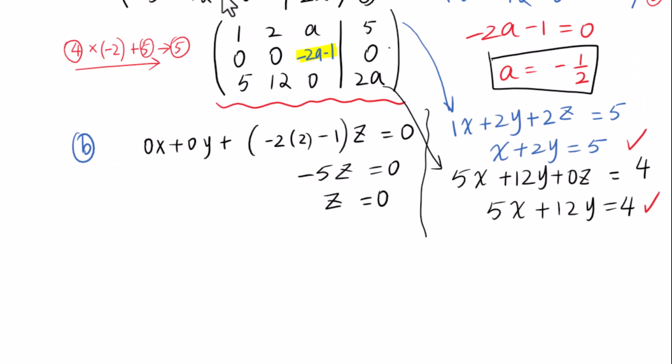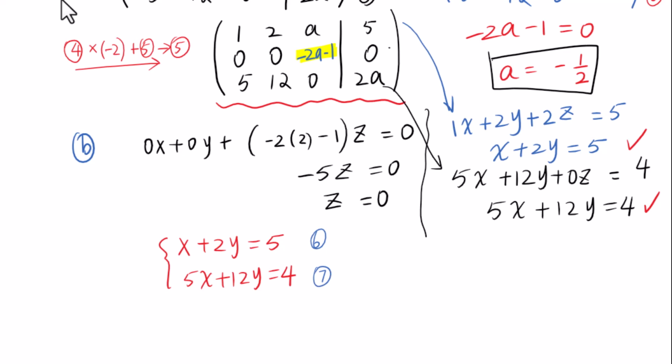So these two equations will form a system. x plus 2y equals 5. 5x plus 12y equals 4. Let's label equation 6, equation 7. I can change equation 6 into x equals 5 minus 2y.